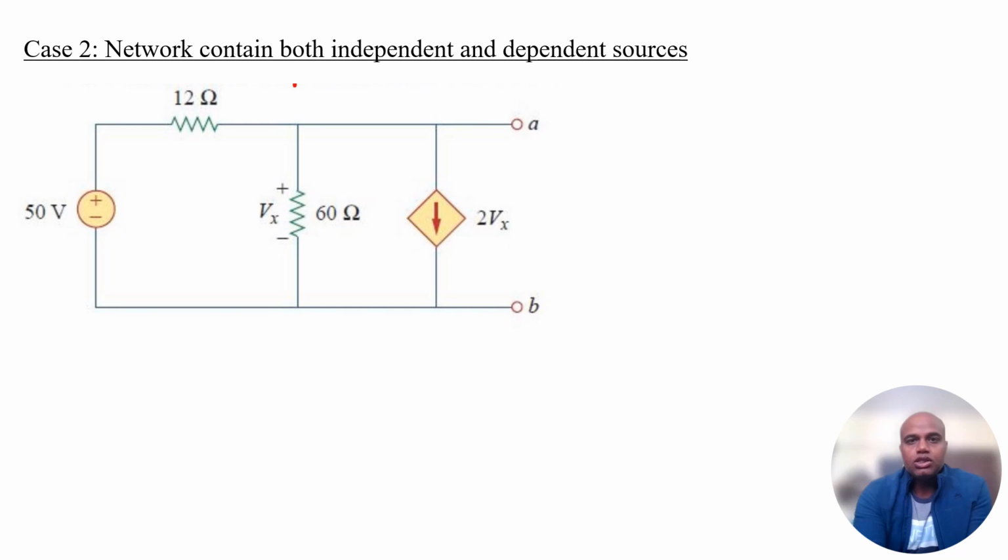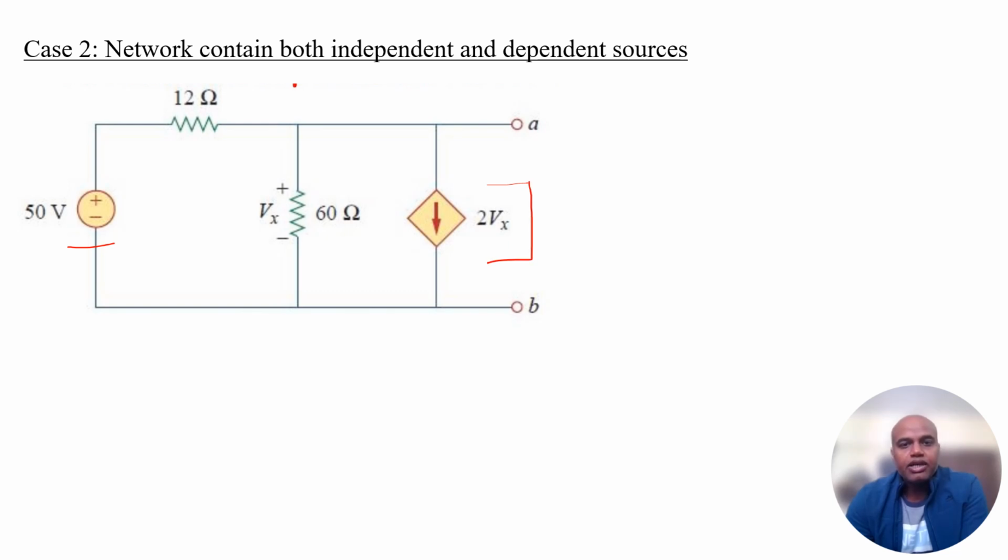Further to this, now we can take case 2. Here in this circuit, we have both kinds of sources. One is the independent source, which is the 50 volt voltage source, and the other one is a voltage dependent current source.